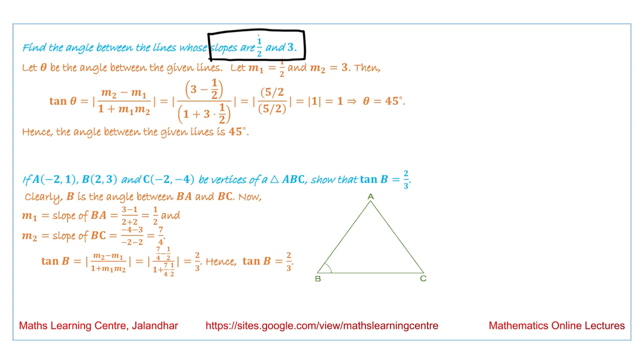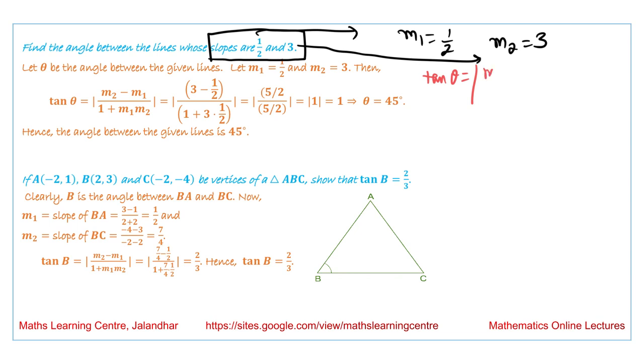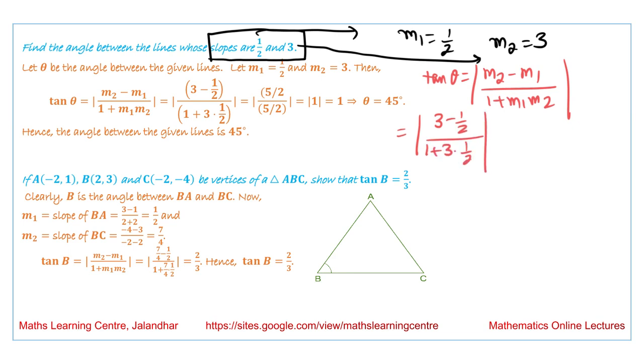Next is: find the angle between the lines whose slopes are 1 by 2 and 3. So the slope of the first line is m1 equal to 1 by 2. The slope of the second line is m2 equal to 3. Then tan theta is equal to mod of (m2 minus m1) divided by (1 plus m1 m2), which is mod of (3 minus 1 by 2) divided by (1 plus 3 into 1 by 2).